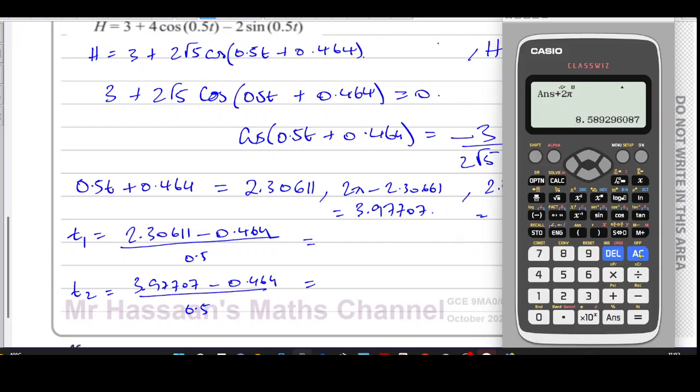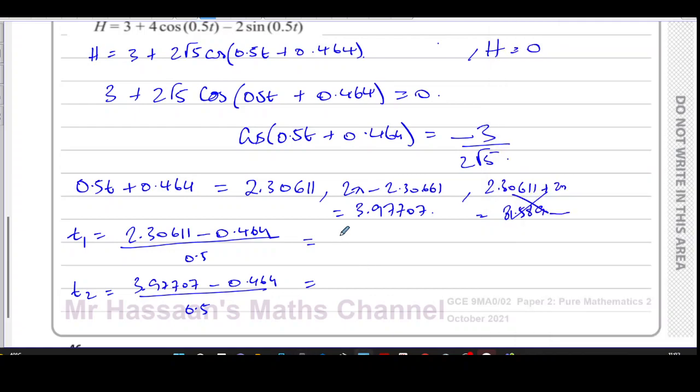Okay, so now we can use the calculator to work out the 2 times. So we're going to have here 2.30611 minus 0.464. I could use a more accurate version, but it's okay, no problem. Divided by 0.5, and that gives us 3.68422.